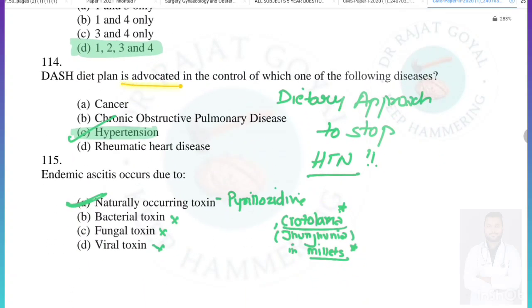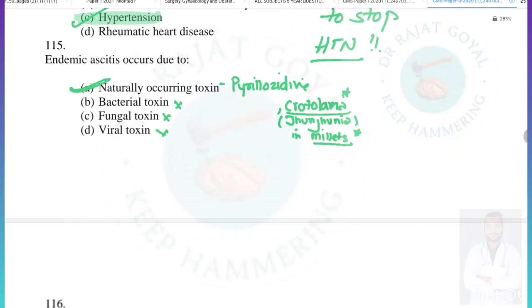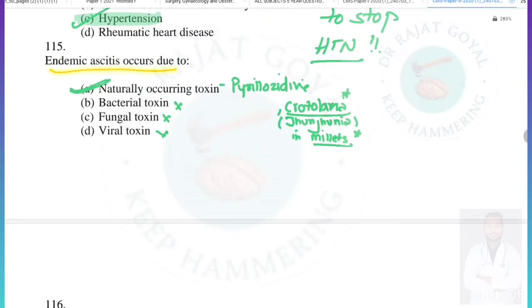DASH diet is advocated in the control of which of the following diseases? DASH diet is for hypertension. The full form of DASH is Dietary Approaches to Stop Hypertension. Endemic ascites occurs by pyrrolizidine toxin, and it is a naturally occurring toxin, and there is the mixing of Crotalaria juncea in the millets.